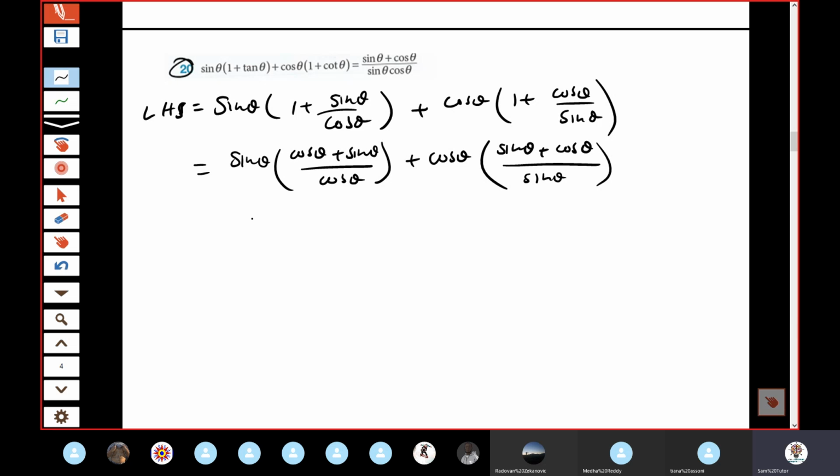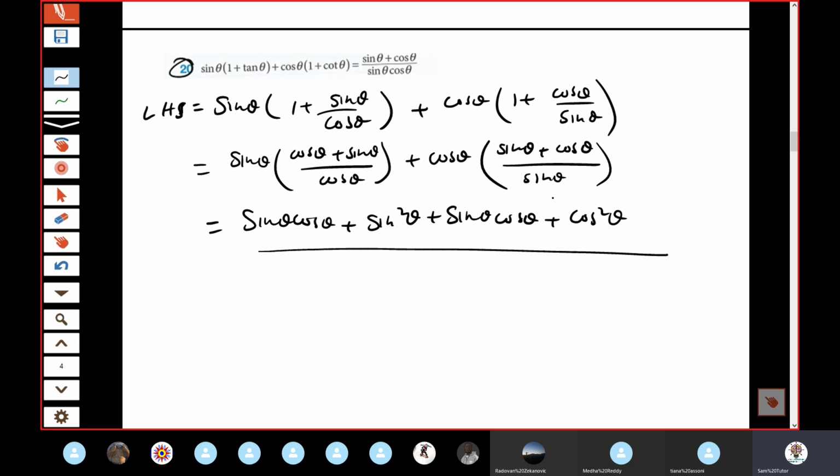Then at this stage, I would first expand the numerator. So you get sine cos plus sine squared plus sine cos plus cos squared, over cos over sine. At this stage, you can tell from the right-hand side, it's made of a common denominator again.